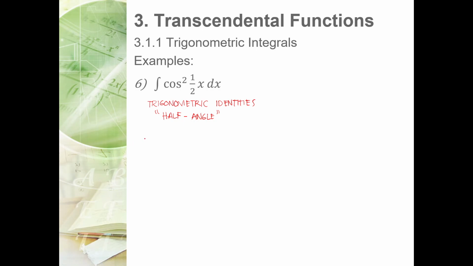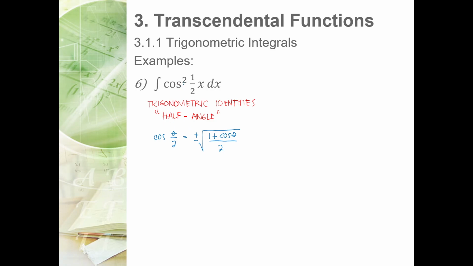The half angle of cosine is cosine theta over 2, which is equivalent to plus minus square root of 1 plus cosine theta all over 2. Again, the purpose of your different identities is for you to achieve a simpler form of your equation.